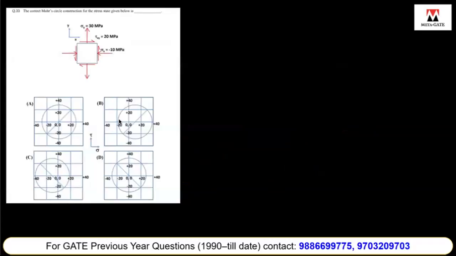The correct Mohr circle construction for the stress state is given here. We know sigma y is given as 30, tau xy is 20, and sigma x is equal to minus 10. First of all, we'll try to find the center of the Mohr circle. The center of the Mohr circle is given by sigma x plus sigma y by 2, comma 0.